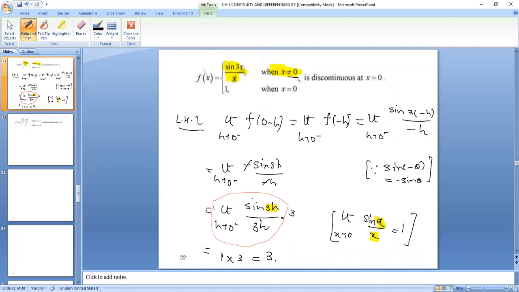What we are doing is multiplying and dividing with 3 so that this theta matches with the theta in the denominator, 3h with the 3h. Now this sine 3h upon 3h, the whole term, limit h is tending to 0, will be 1 using this formula. So we will be having 1 into 3 is equal to 3. This is the left hand limit.